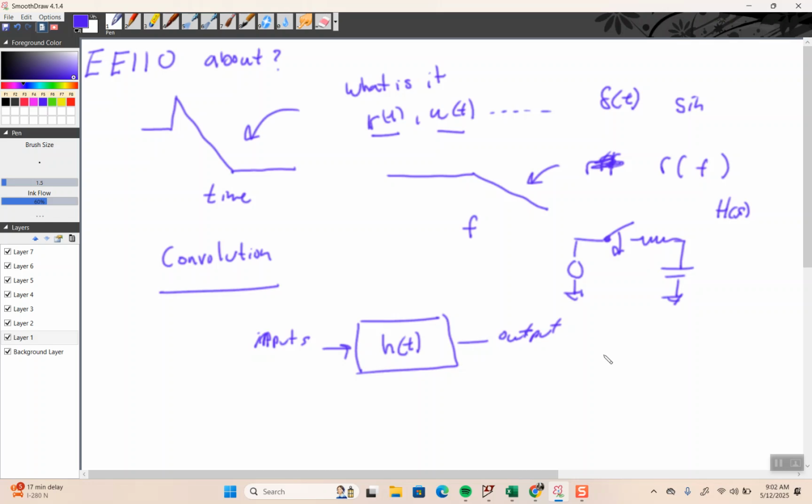But we can never really get away from the time domain, because everything happens in the time domain, right? So even this, just as recall, a Bode plot really is a frequency response, right?